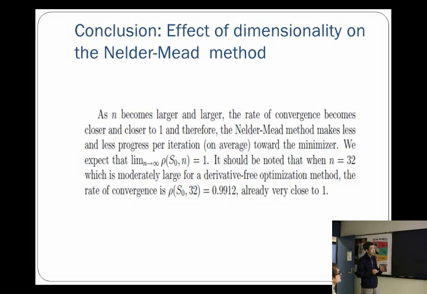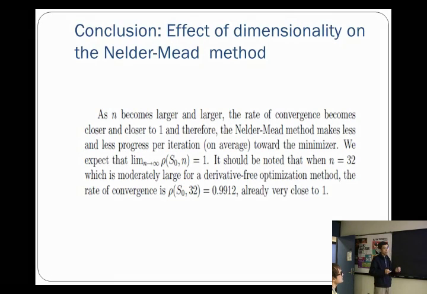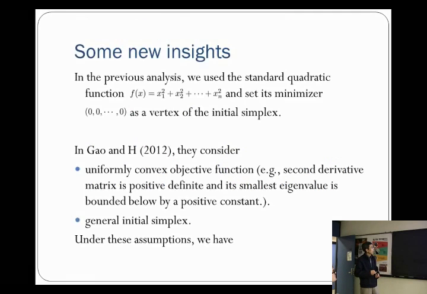This explains why the Nelder Mead method deteriorates as the dimension gets higher. But we somehow were not very satisfied, in the sense, remember in the previous analysis, our objective function is this standard quadratic, right?